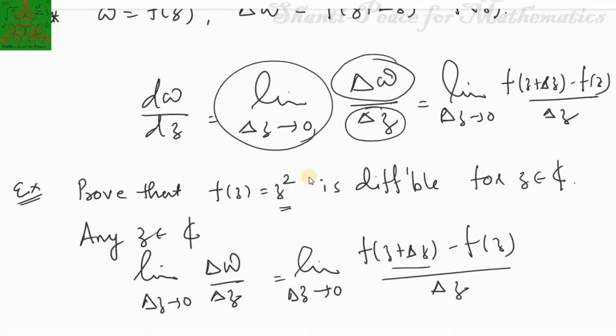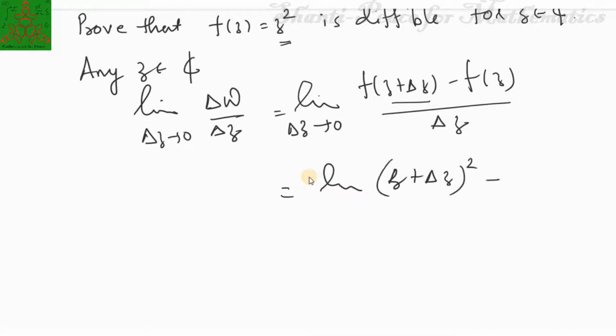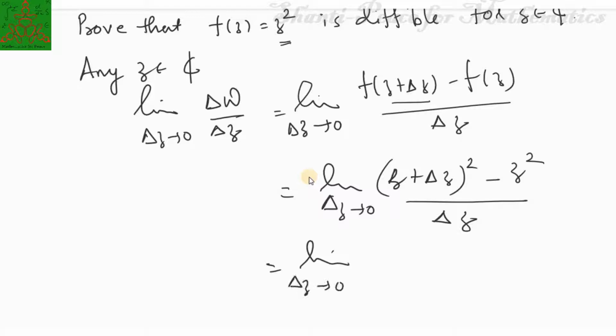So z plus delta z gives you z plus delta z whole square minus z square upon delta z. If you expand this, it gives you z square plus 2z into delta z plus delta z square minus z square upon delta z.